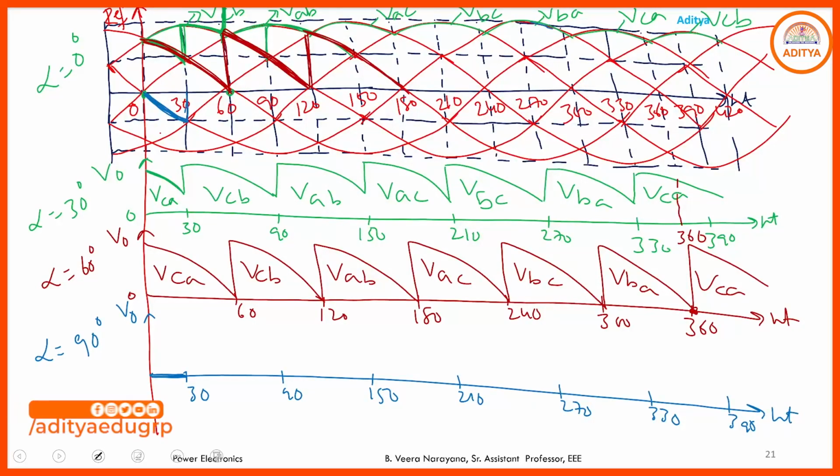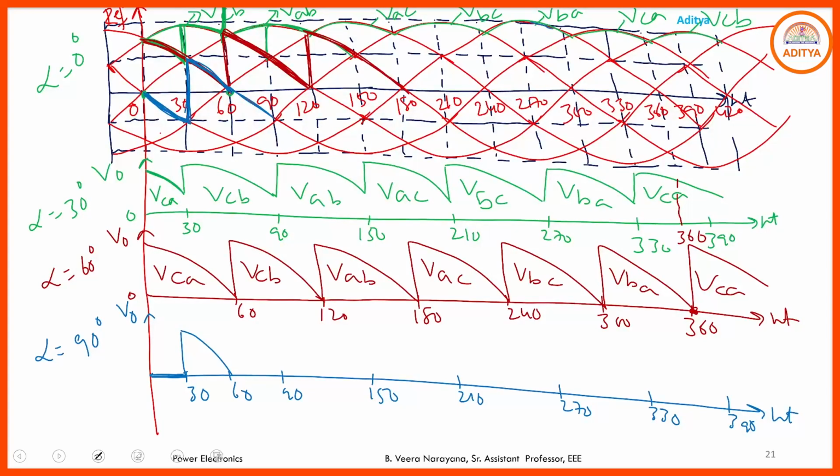Next 30 to 90, what is the output voltage? VCA. From 30 to 90 you go through the VCA curve. 30 to 60 it is positive, no problem. 60 to 90 again negative, hence we have output voltage only from 30 to 60.